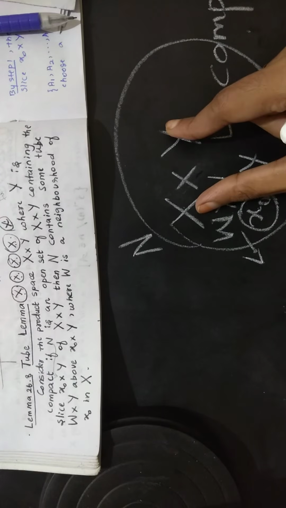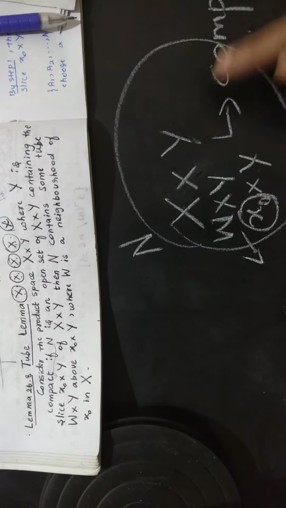This X cross Y is the product space where this Y is compact. When will Y be compact?